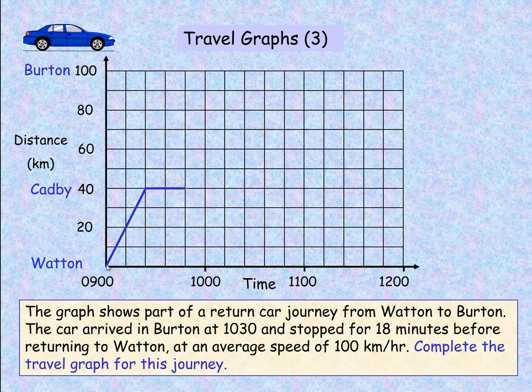Now we don't know how many minutes each square is because we haven't worked it out yet. If we look from 9:00 to 10:00, we've got 1, 2, 3, 4, 5 squares. So that's going to be 60 minutes. We can write it here, 60. So we go 60 divided by 5 squares. That means each square counts for 12 minutes.